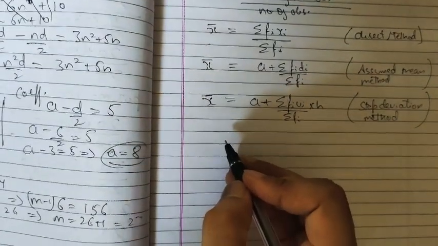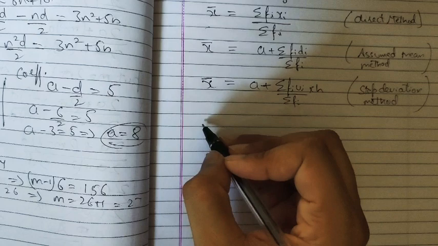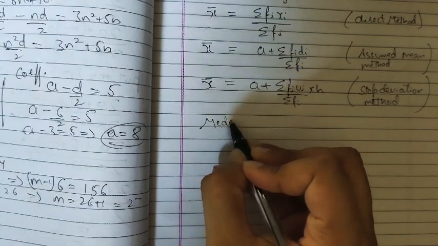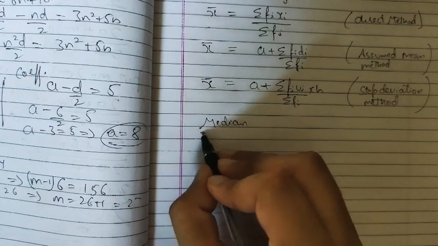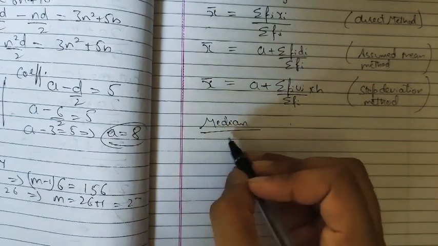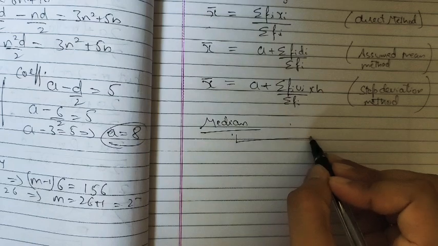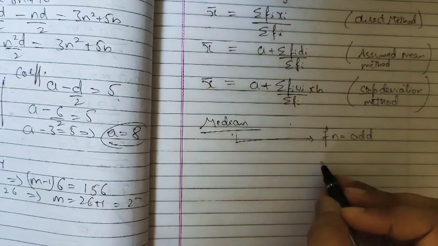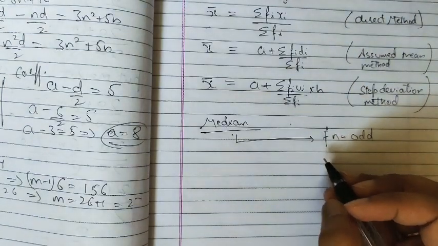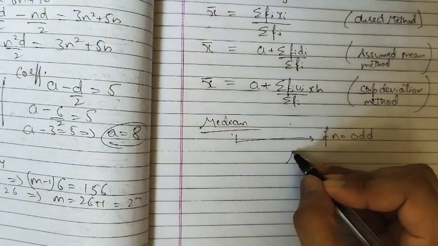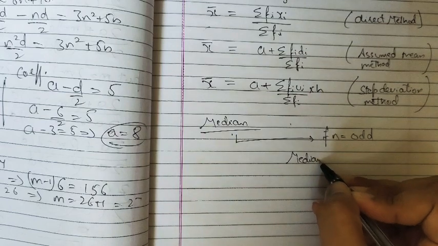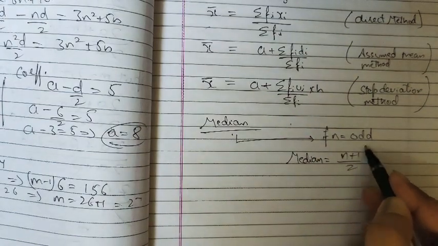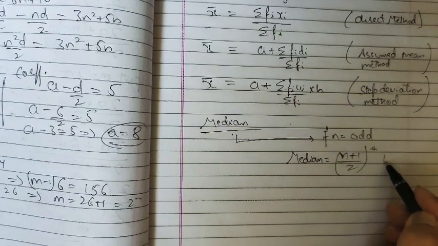Similarly, there are different formulas to calculate median also. If n is odd, the median formula is median is equal to the n plus 1 upon 2th term.